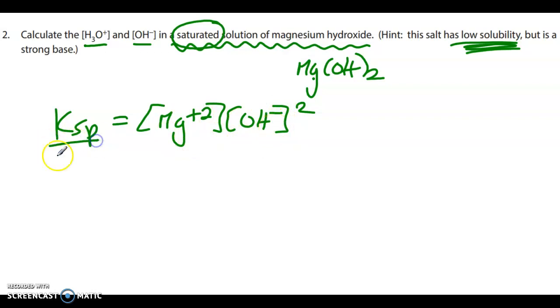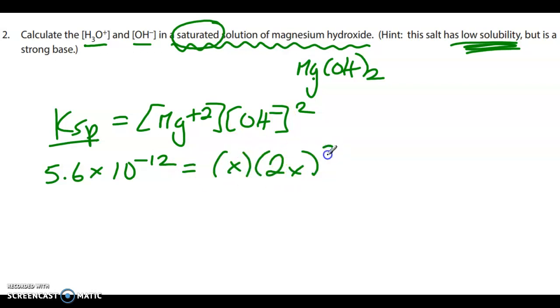And if you look up the Ksp value in the back of your book, this is 5.6 times 10 to the negative 12, which is equal to, and we're going to plug in x, right? x and then 2x squared. Essentially what we want to solve for is the hydroxide concentration, but in order to do that, we have to determine what x is. So this is then equal to 4x cubed.